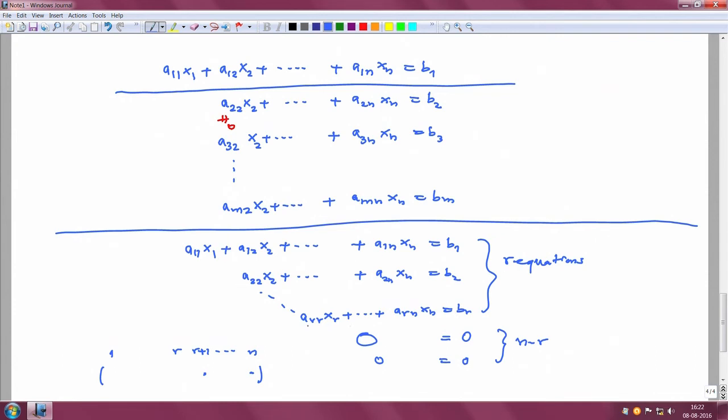So first start with the last equation, that is the rth equation. From here I will write down what xr is.